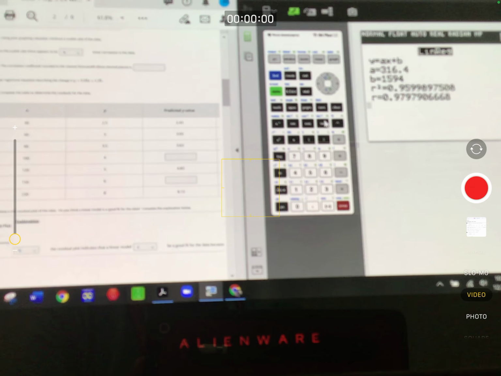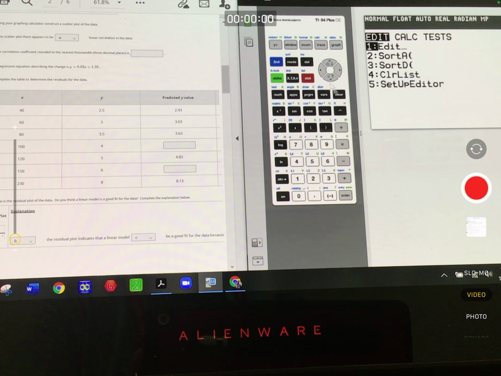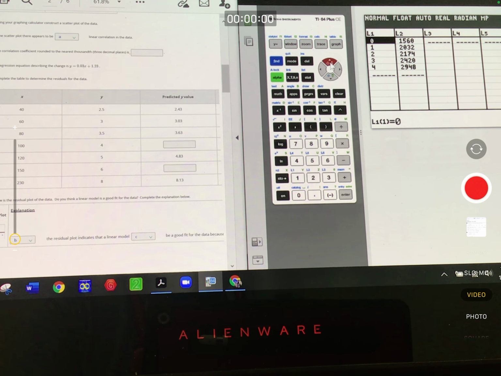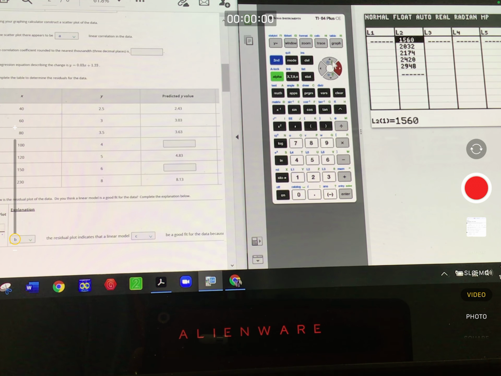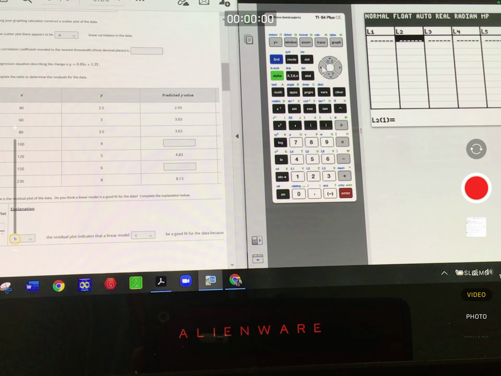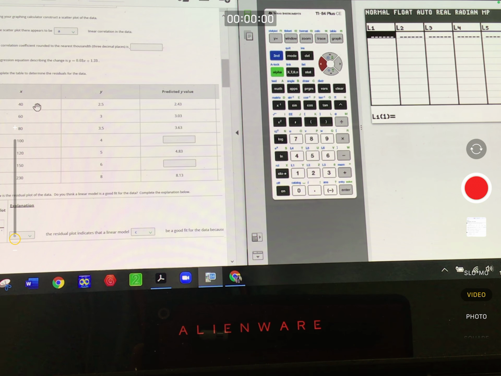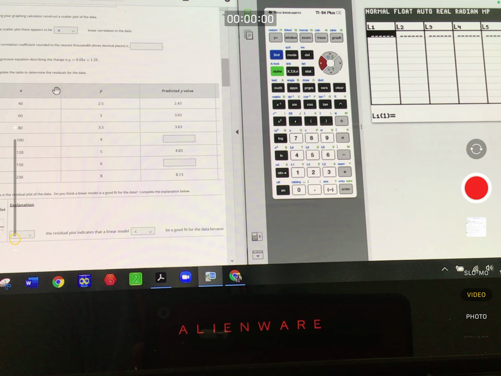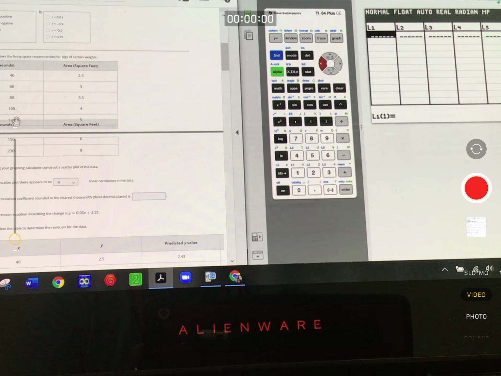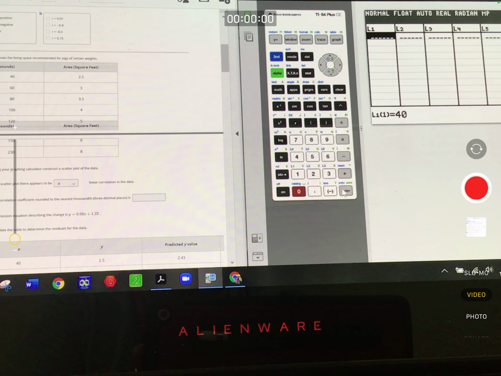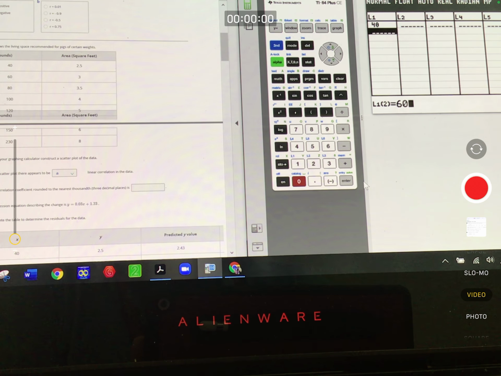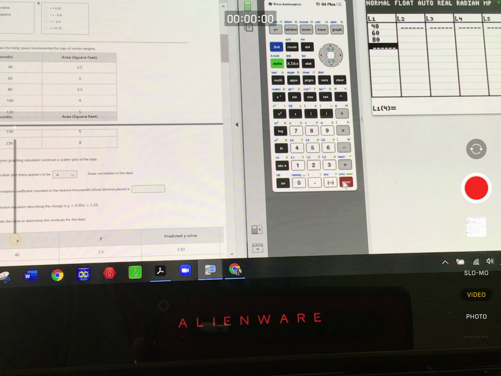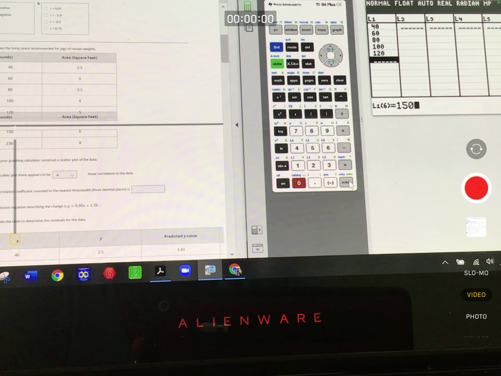Okay, so there we go. Let me plug it in: stat, edit. I've got some old data in here, so I need to clear it out real quick. I'm plugging in my L1, which is my observed values: 40, 60, 80, 100, 120, 150, and 230.